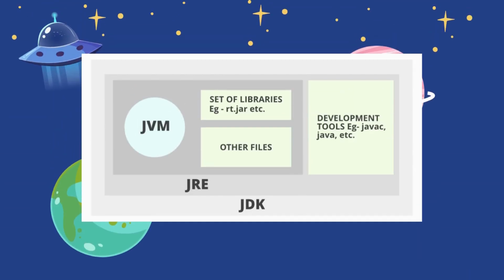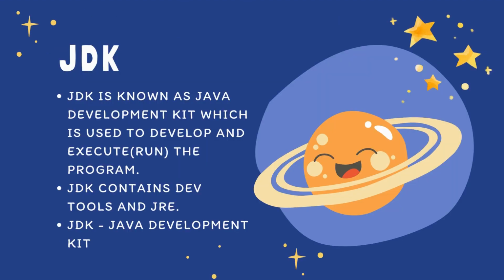Coming into the topic, we can see a diagram where the three aspects are mentioned: JDK, JRE, and JVM. JDK is the outer layer, JRE is the inner layer, and JVM is inside JRE. We will come back to this diagram after exploring each of them. JDK is known as the Java Development Kit. It is used to develop and run the program.